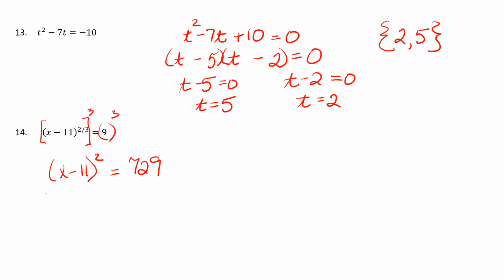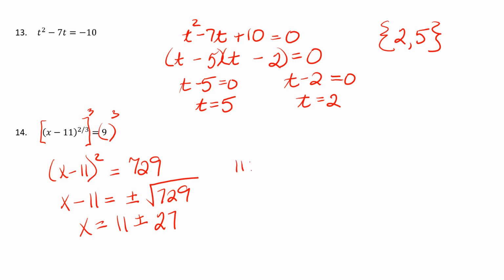And now you're going to take the square root on both sides, which will give you x minus 11 equals plus or minus the square root of 729. The square root of 729 is 27. So x equals, if we add 11 to both sides, 11 plus or minus 27. 11 plus 27 is equal to 38. So that's one of our solutions.